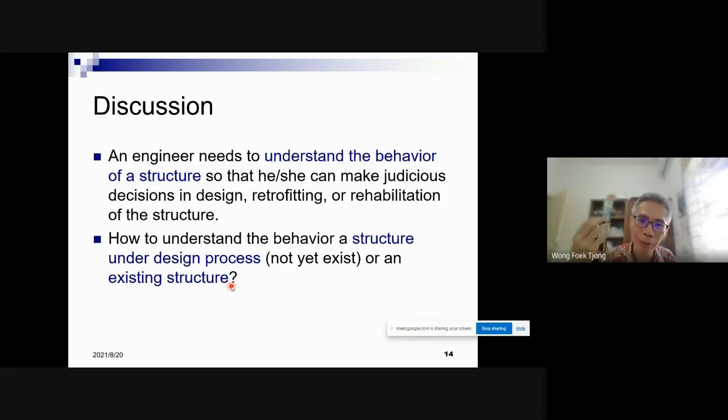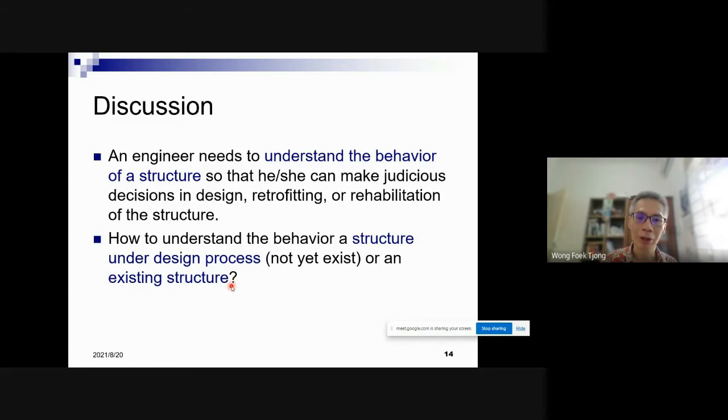And then you have to know the behavior of the structure, what to do, how to get the knowledge of the structure. There are three pillars of knowledge. First, direct observation, right? In the field, maybe you conduct an experiment directly on the building, or you use a physical model and then do an experiment in the lab.